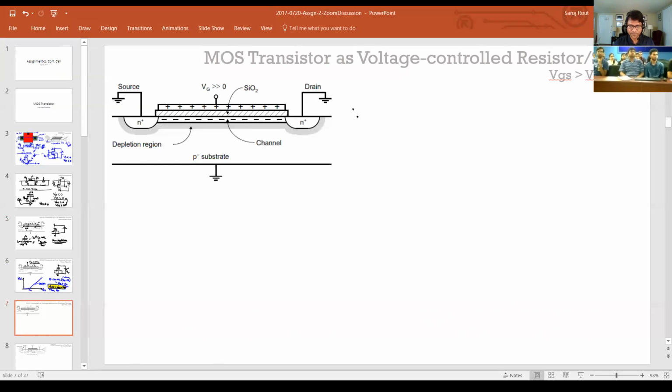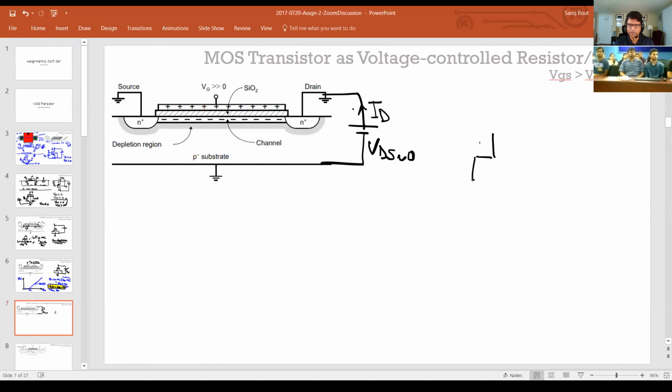Now, for that, we'll keep the source and the substrate at 0, but we're going to add a very small voltage VDS, which is also the VD substrate, which is very close to 0. And we'll try to find out what the current flowing through this is. Let's call that the drain current ID.